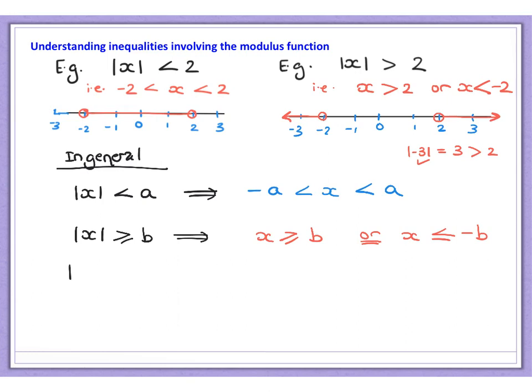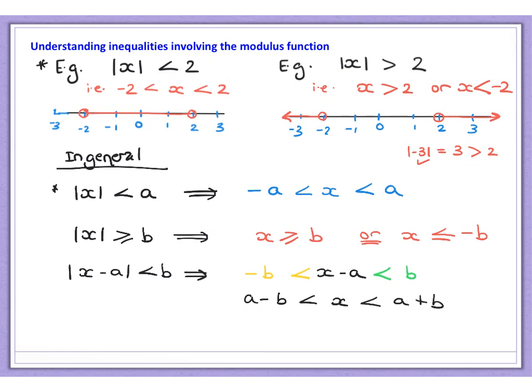Now, if mod of x take away a is less than b, this tells us that x minus a must be less than b or greater than negative b, essentially applying the logic that we've seen here and here in these examples. If we then add a to all parts of this inequality, we then have x is between a minus b and a plus b. And we're going to use this idea in our next example.